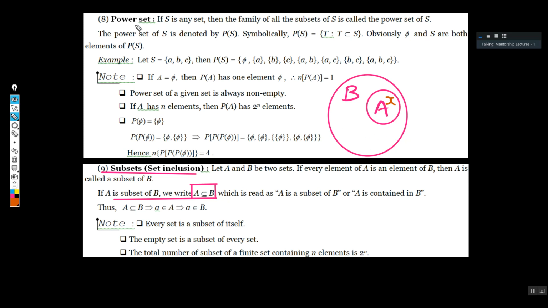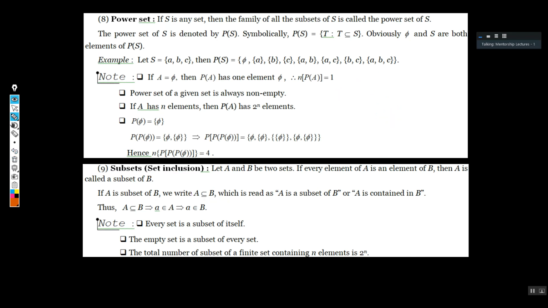Like that, if you take a particular set as B, then B will contain many more subsets. So the subset symbol is this. Subset means which is contained in a given set. That is simple. Every set is a subset to itself. That's what we have written here. Just see, ABC is there.